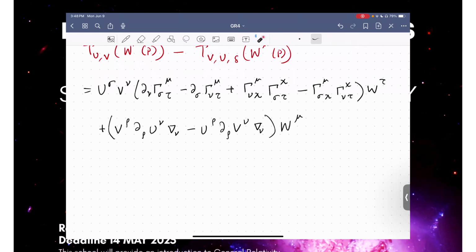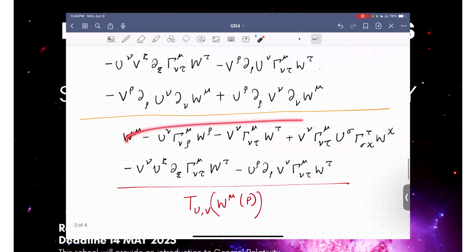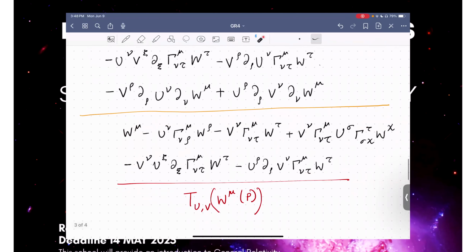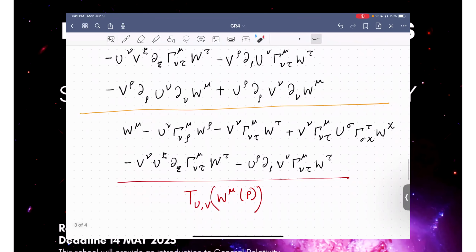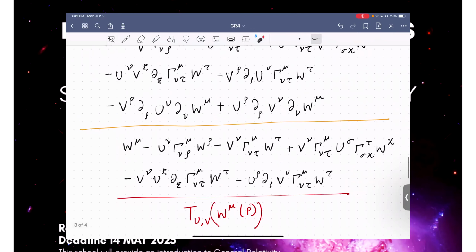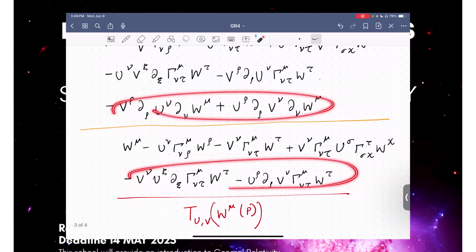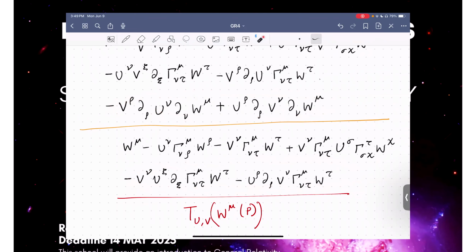Okay. So one thing that may seem a bit surprising is the appearance of this covariant derivative, because in these expressions, we didn't have any covariant derivatives. However, notice that in these four terms, here you have this vector, which is the same as this vector.